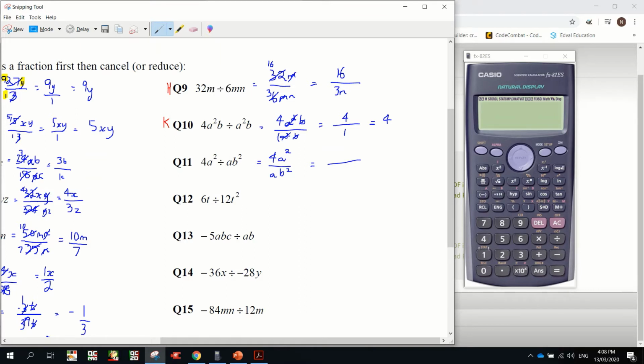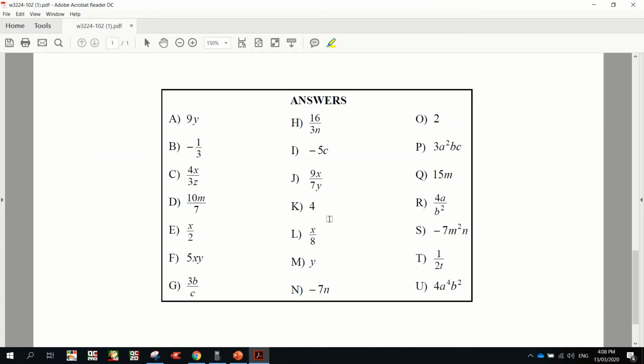We've got an a here, we've got 2 a's here, remember that's a times a, so we can get rid of that, so it leaves just 1a and get rid of 1a in the bottom. Okay, there's no b's in the top to cancel, so we're left with 4a over b squared. There it is, 4a over b squared.